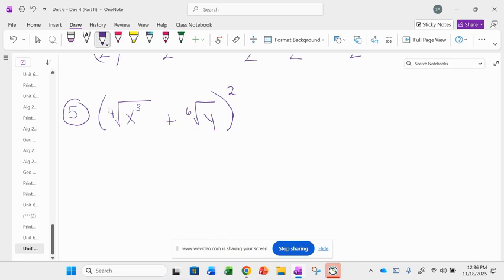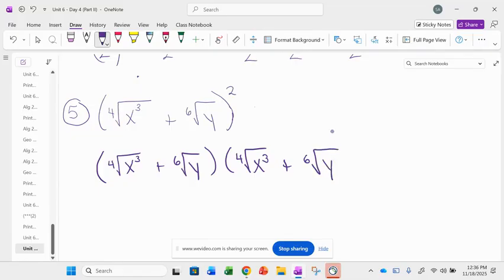Can I distribute in this exponent of 2? No. What do I have to do? We have to FOIL. But when I go to FOIL, can I multiply terms that have different indexes?